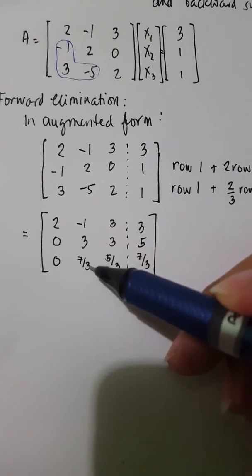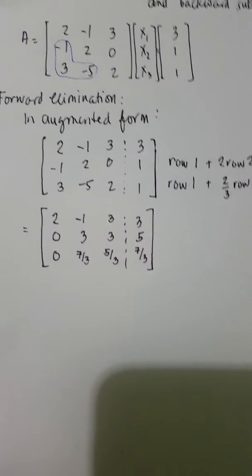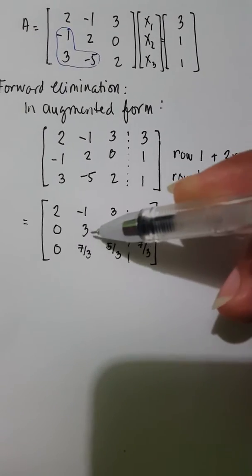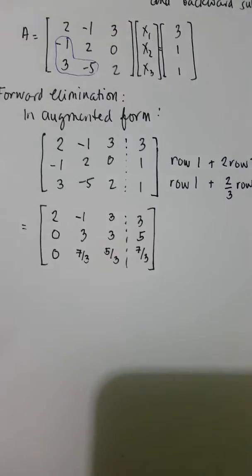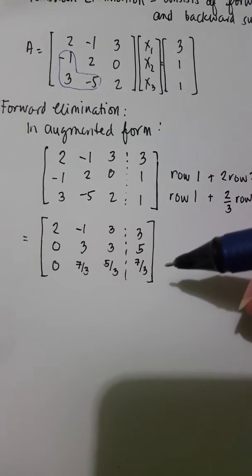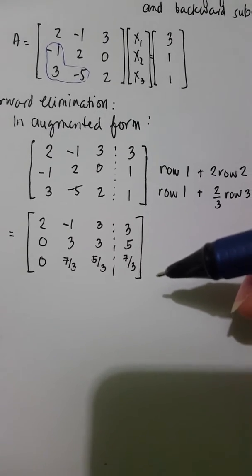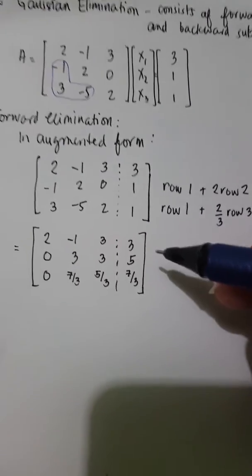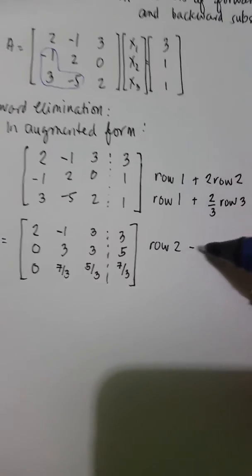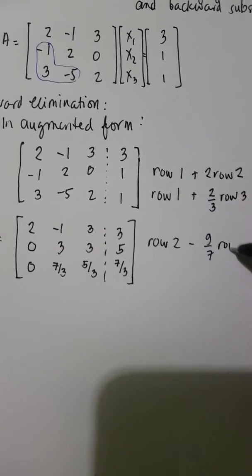And then, next, eto na yung gagawin nating 0 by basing it sa row 2. So, pwede natin gawing 7 row 2 minus 9 row 3. Pwede din natin sabihin row 2 minus 9/7 row 3.